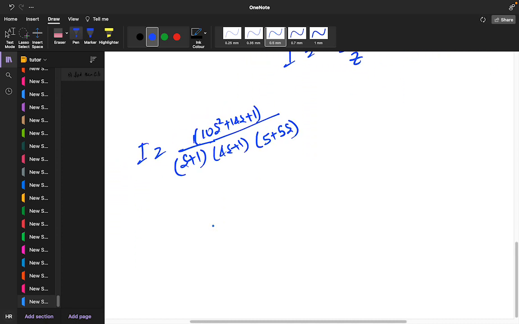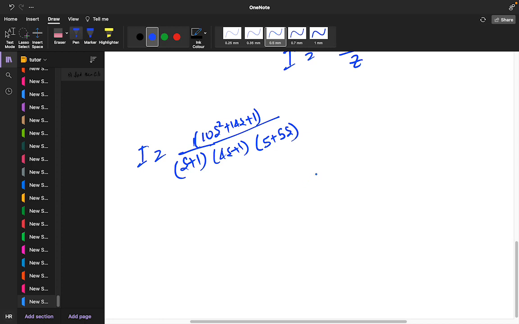Okay, so you are getting 10s square plus 14s plus 1 divided by, take 5 common. If you take 5 common, you get s plus 1 the whole square into 4s plus 1, right? You will get it like this.